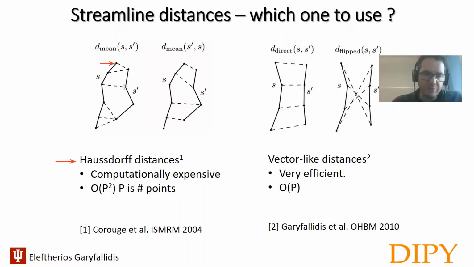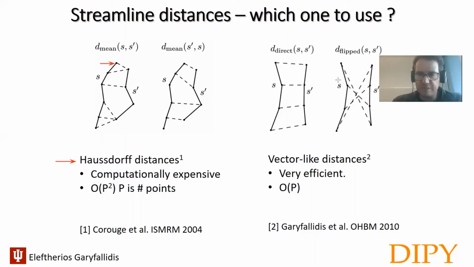For this point, you will have that point, and so on. And you do it both from S to S prime, and from S prime to S. And that can be computationally expensive, because if, let's say, a streamline has P points, then with another streamline, you have a complexity that is P squared.